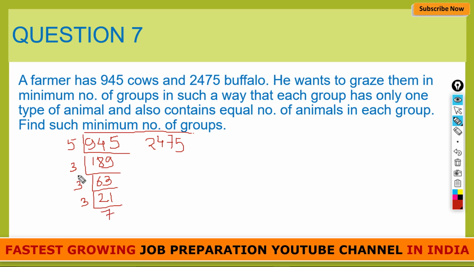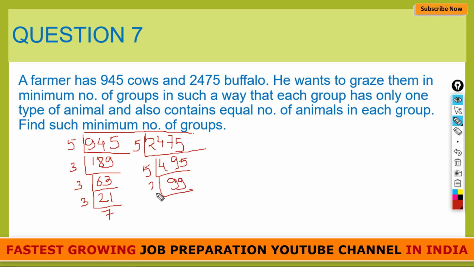These are the prime factors. For the other number we do it again: 2475 by 5, and again by 5, so it gives us 99. Again by 3 it gives us 33, and again by 3 it gives us 11.